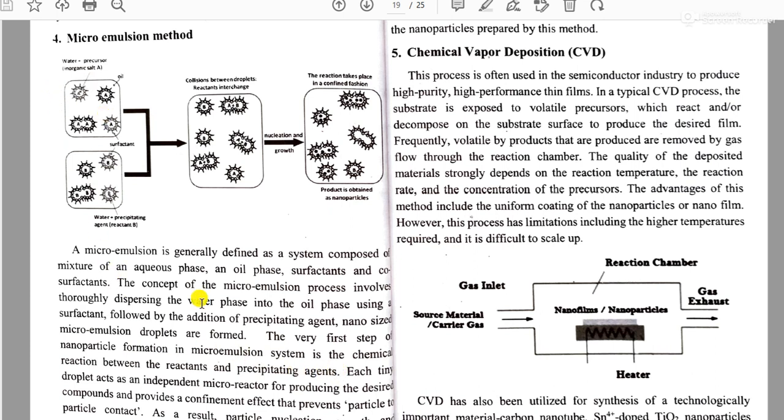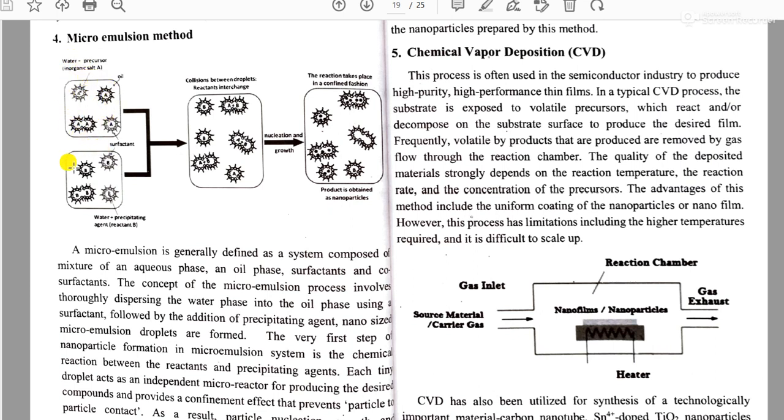Here in the diagram you can see these two boxes. In the first box you can see emulsions. Emulsions is micro droplets, and here you can see the surfactants. Inside the surfactants there is an inorganic salt A. This is one of the reactants, and it is dispersed inside the water or aqueous medium. This is the first system.